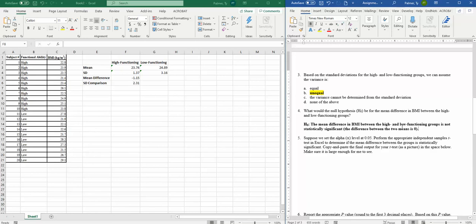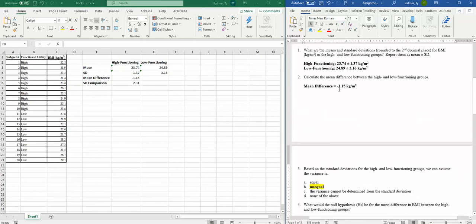And so even though our actual mean difference that we calculated up here is not 0, we still don't know if this difference is real. We don't know if it's statistically significant, or another way to word that, we don't know if this difference is reliably different than 0.